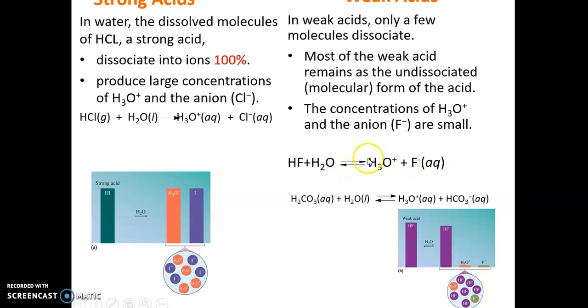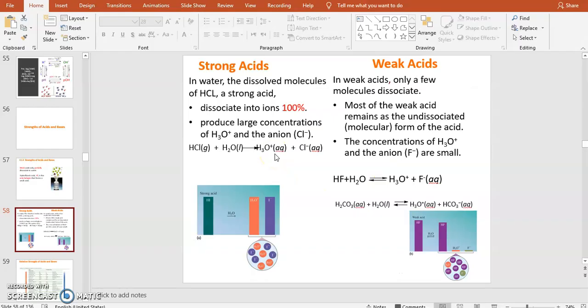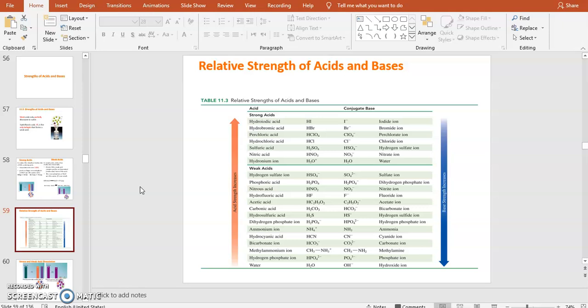And you can see here that it's a reversible reaction. As they dissociate, they get together and form the acid again. So when the acid is not dissociated 100%, we call this a weak acid.